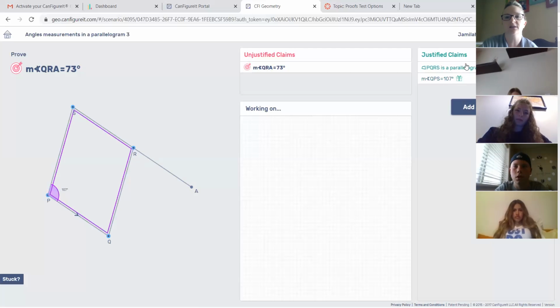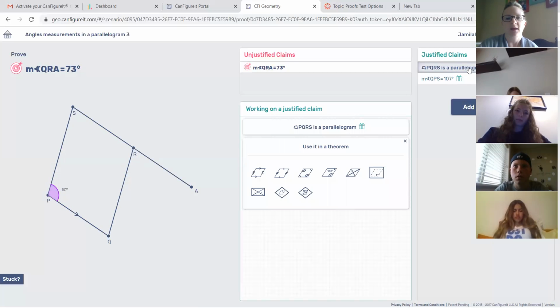I'm going to click on this information over here, that it's a parallelogram. It's going to tell you basically all the things that are true about parallelograms, and you pick the one that's going to help us. Is it going to help us to prove that opposite sides are parallel? No, because in this problem we're just worried about angle measures.